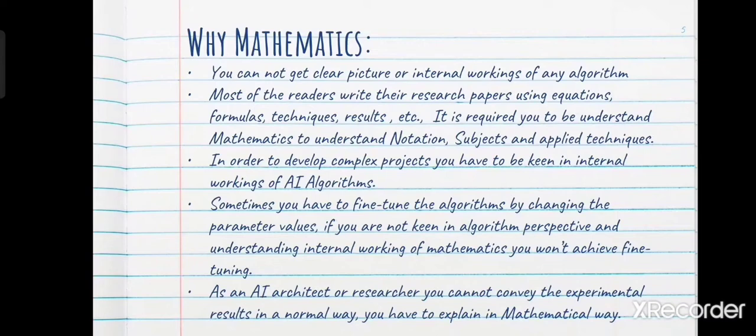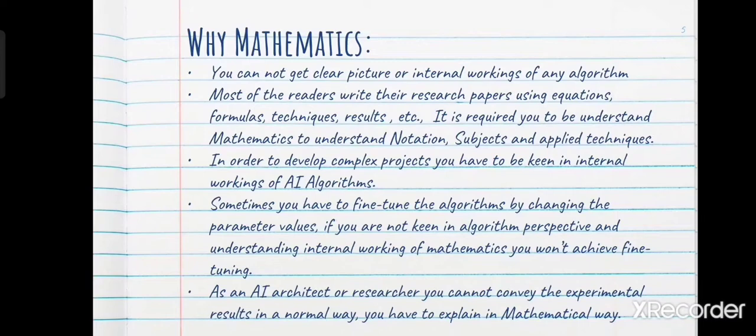And the final point is that as an AI architect or researcher, you cannot convey the experimental results in a normal way. You have to explain in a mathematical way. We know artificial intelligence is a kind of abstract subject, so you cannot explain it in the same way. You have to explain in a mathematical way that it is applied in mathematics.